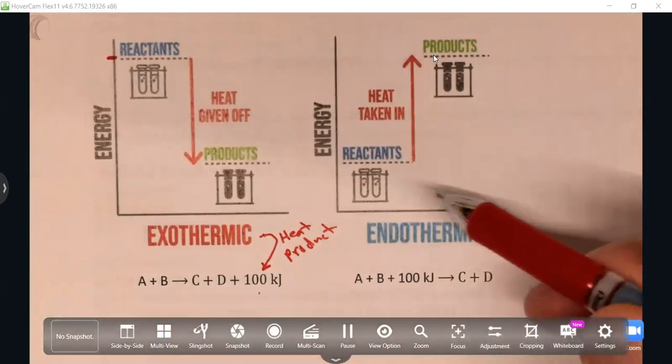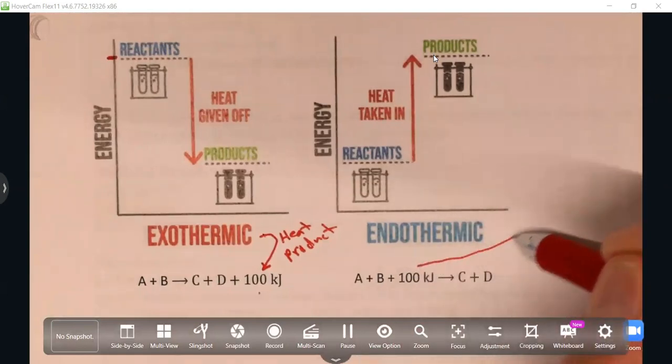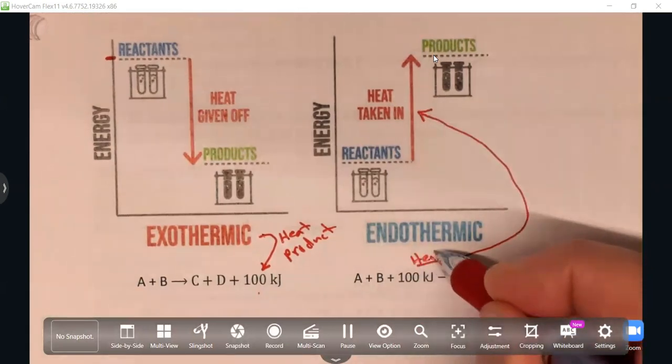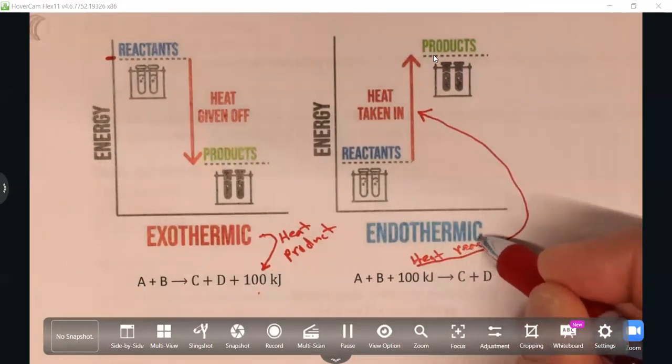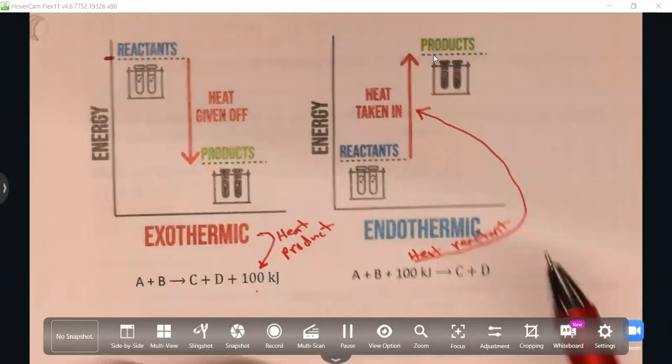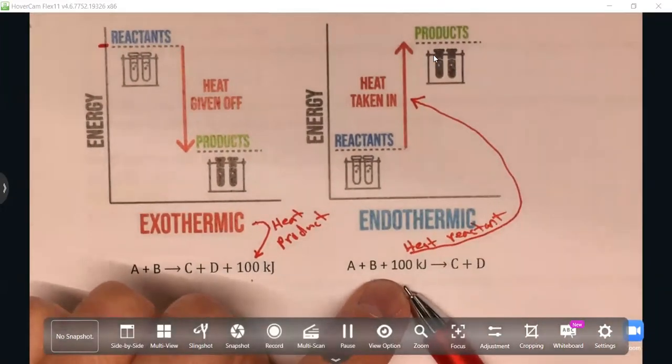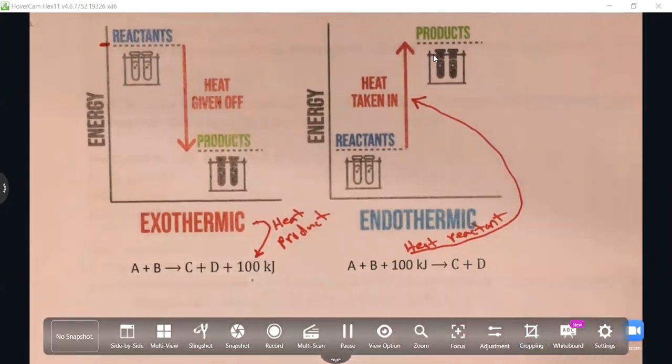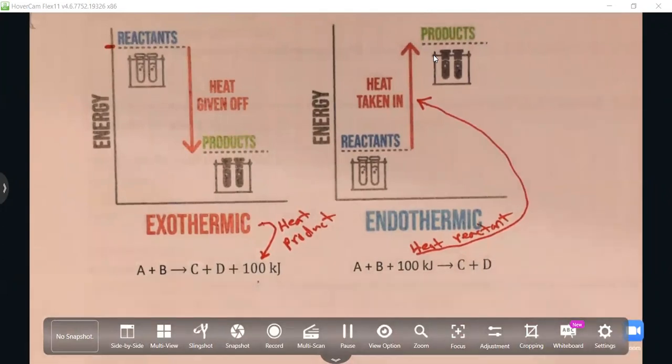And if it is endothermic, we got to put heat energy in. So heat is a reactant. Again, it takes more energy to break the reactant bonds than what you get back when you form the product bonds. Again, that's always the way to look at it. You have to break reactant bonds before you can form product bonds.